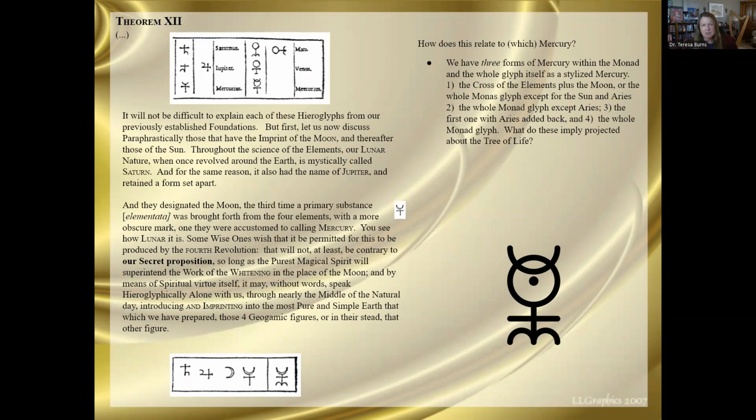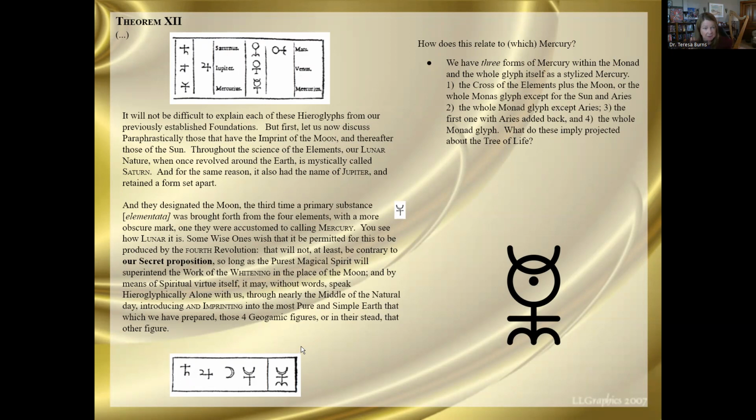So that gives us an idea, again, of physical alchemy and fire, but we suspect by now that he's being metaphoric about it. So if there is the purest magical spirit to superintend the whitening, if there is fire, how would that happen? How would you project that on the tree of life?